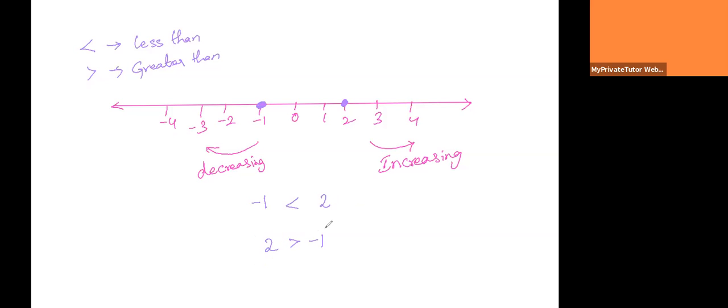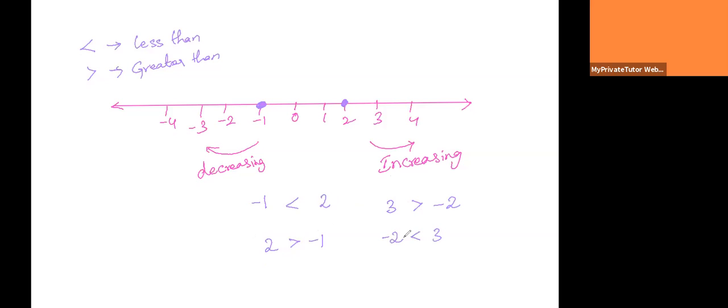Both are the same. You can see the signs are changed, but it means the same question, comparing the same numbers, and we can represent that in two different ways. Let's take another example. Let's say 3 and minus 2. Obviously we're going to put a greater than sign here. 3 is greater than minus 2. We can also write this as minus 2 is less than 3.